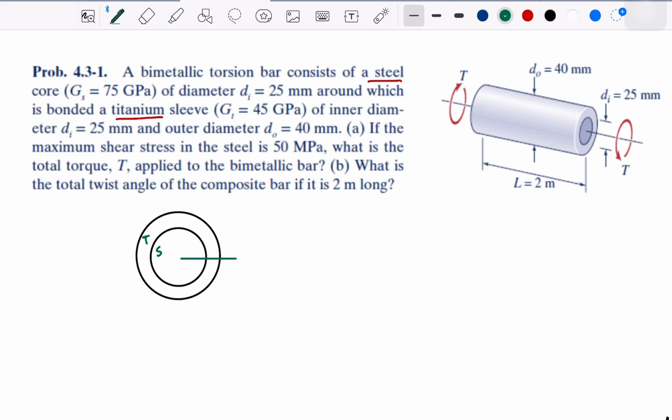Remember that if we take, let's say, this is the axis for the tau, and this is the density. We can see that this will be the maximum. Let's say this is the maximum for the steel.